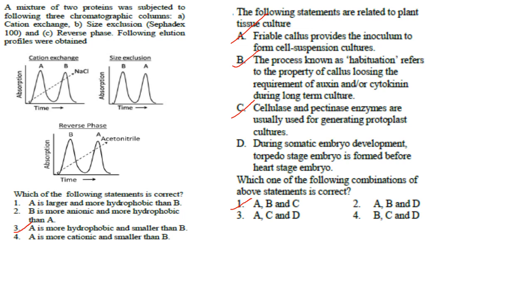That is also correct. Cellulase and pectinase enzymes are usually used for generating protoplast cultures. That is also correct. During somatic embryo development, torpedo stage embryo is formed before heart-shaped embryo. It is globular, heart-shaped and then torpedo stage. Not torpedo followed by heart. It is heart followed by torpedo. So D is not correct. So A, B, C are correct. Answer is option 1.